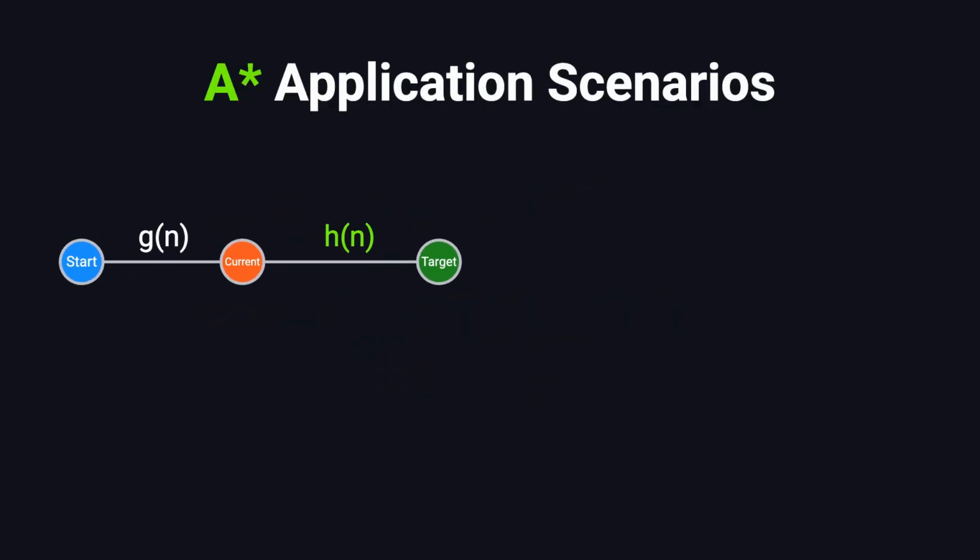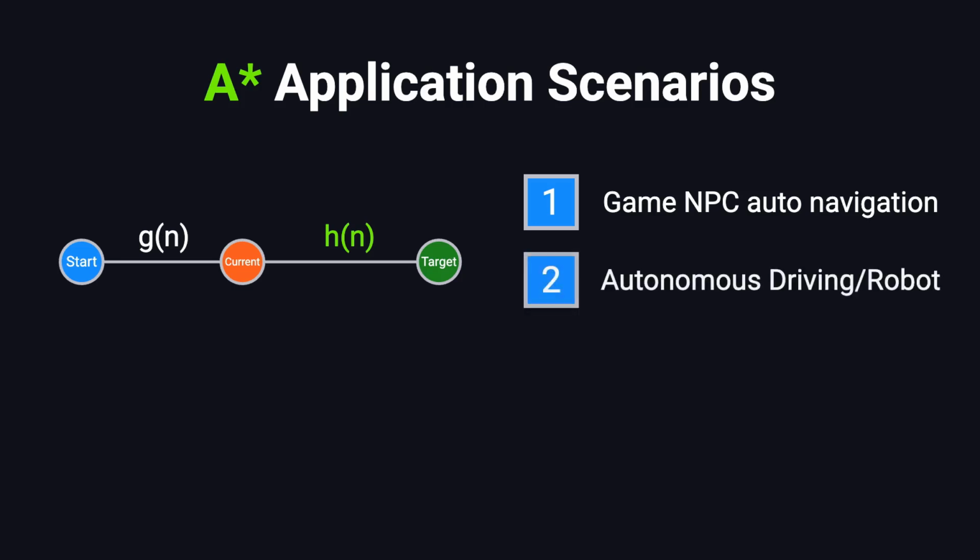Now let's talk about where A* is actually used. The answer is, pretty much anywhere pathfinding is needed. In games, for example, A* is what powers NPCs to navigate around obstacles and reach their targets. In robotics and autonomous vehicles, A* or its variants are used to help them move through complex environments.